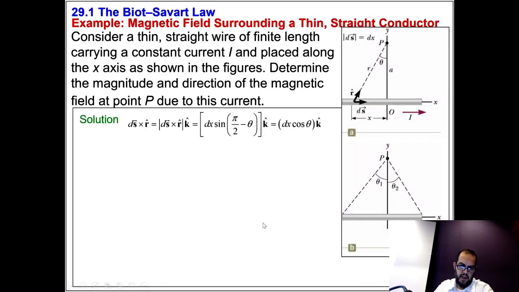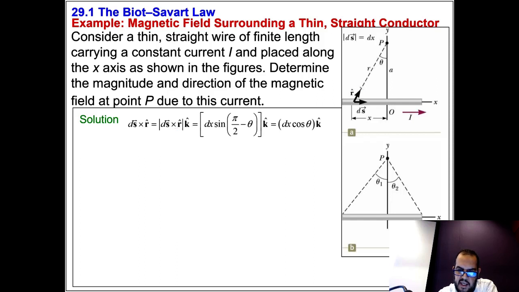All right, so the element ds crossed with r, if you do the cross product, if you bring the ds vector to the r vector, you find that your thumb is going to be pointed outside of the page, so the magnetic field is in the k direction. Notice that ds here is along the x-axis, so we can write the cross product.